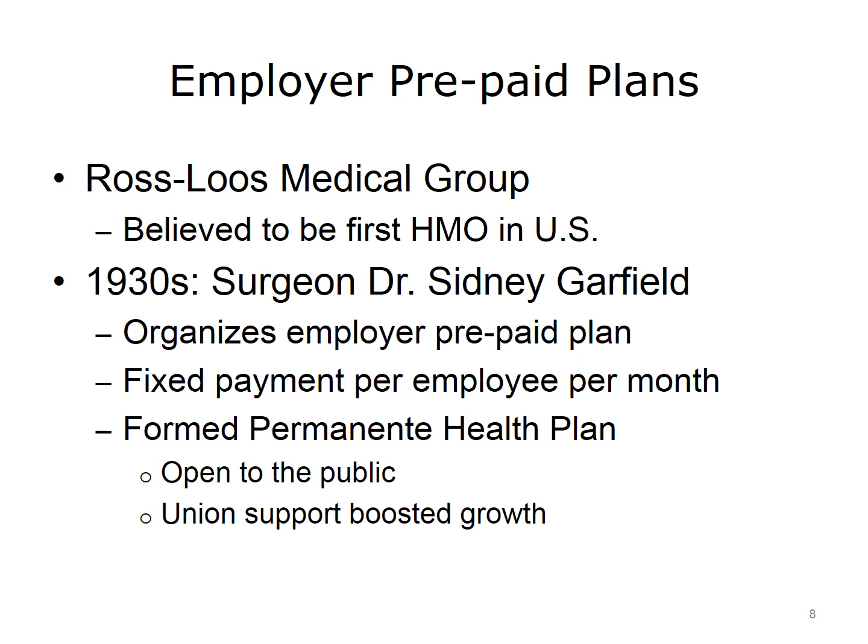After the war, as the number of employees in the shipyards dropped, the Permanente health plan was started, which opened to the public and attracted the support of unions, allowing it to grow over the next few years. This would eventually become the Kaiser Permanente Health Plan, which continues to operate today.